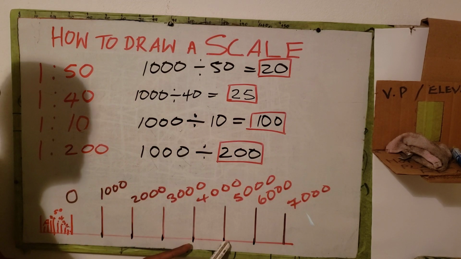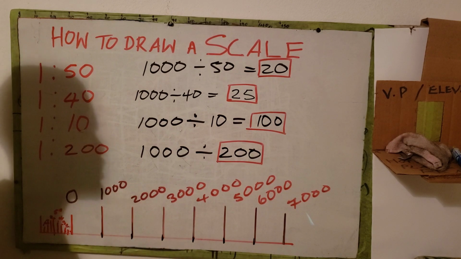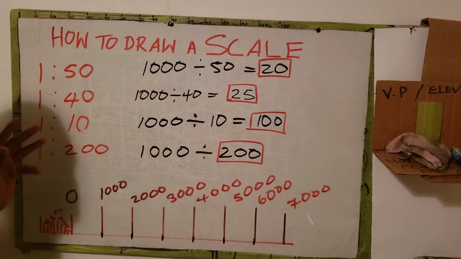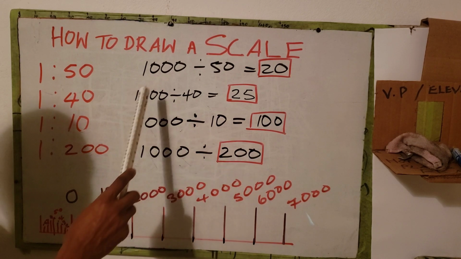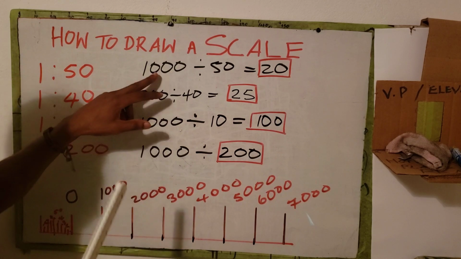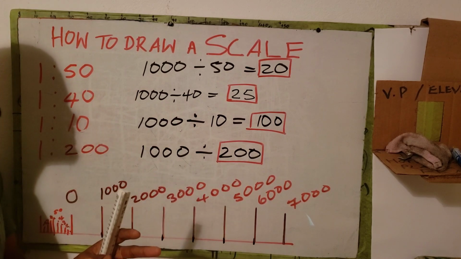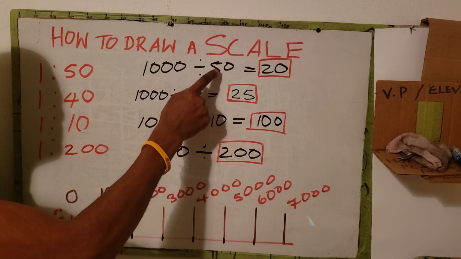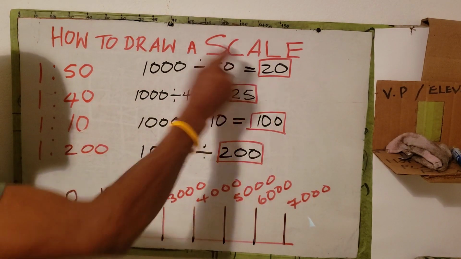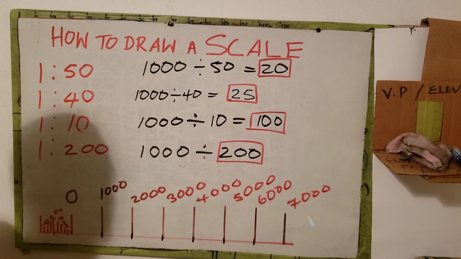Now, the space between these distances will be determined by the scale that we use. On a 1 to 50 scale, 1000, which is the standard increment, is divided by 50. What we have is 20. So we would use 20 to draw that line.